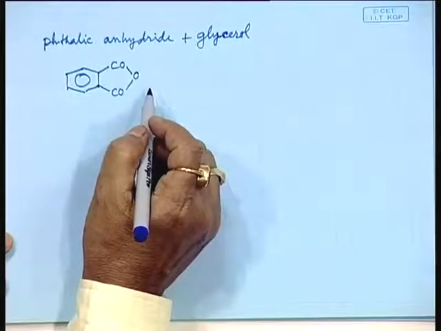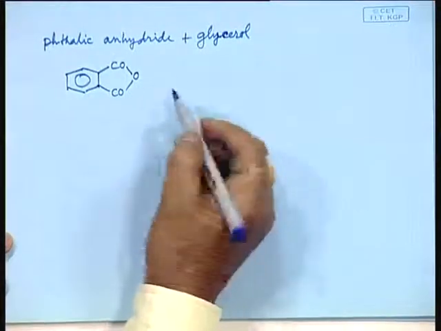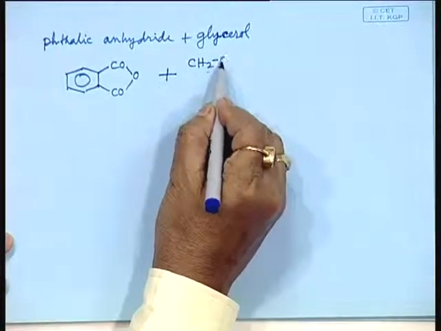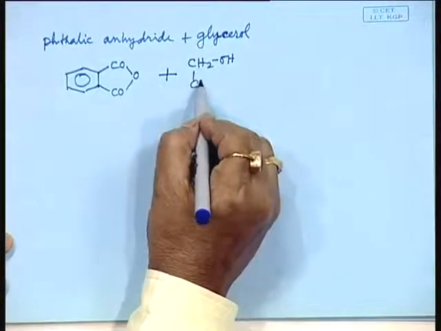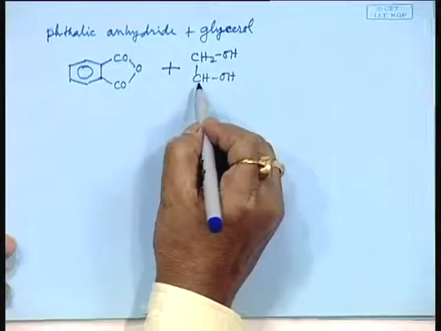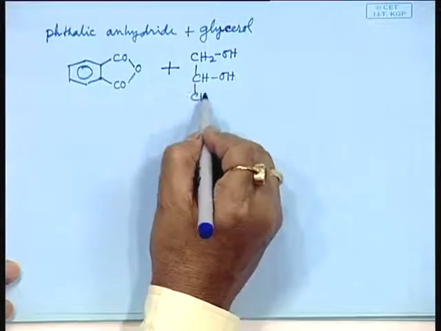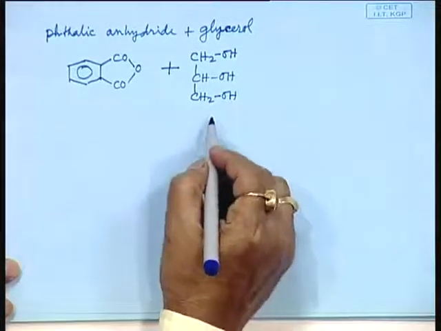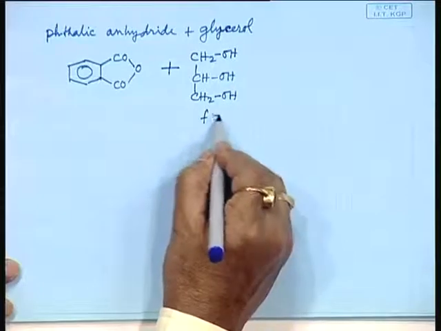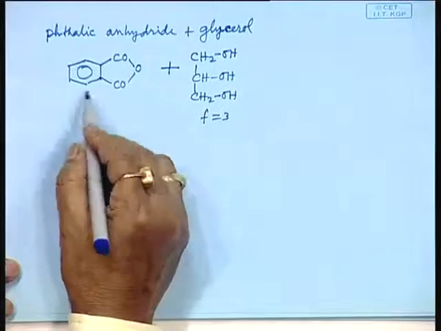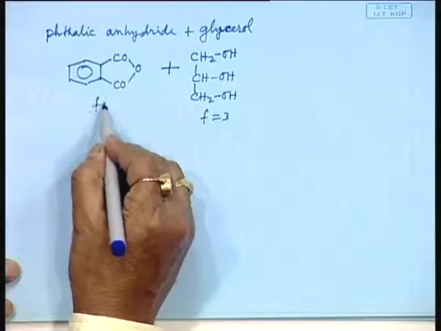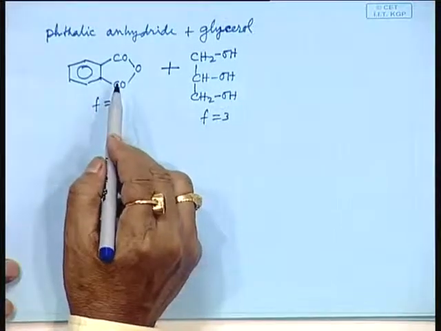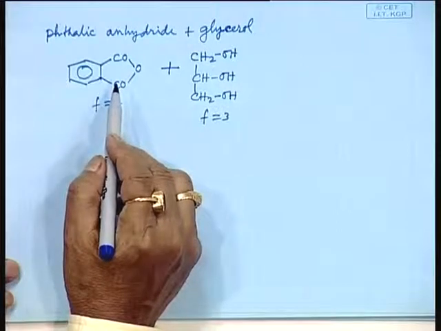Okay. Plus glycerol, this is a trifunctional monomer, here F is equal to 3, and here it is a difunctional monomer, F is equal to 2. Now, this phthalic anhydride is an anhydride devoid of water.